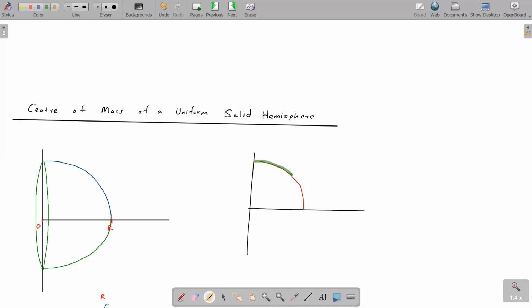So look how this rotates to create a 3D hemisphere. When you are rotating, you just reflect the same graph to the other side, and any open end becomes a circular face, right? So you can see now I've reflected this to the other side, and this is the open end. Can you guys see?